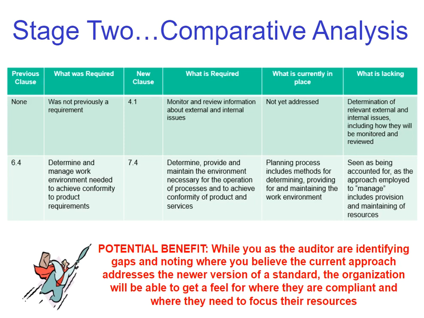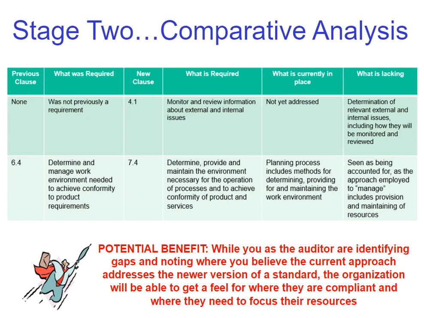Okay, and then it also said needed to achieve conformity to product requirements, whereas in 2015's version of 9001, it says necessary for the operation of processes and to achieve conformity of products and services. So in this particular analysis, you can see what's currently in place.